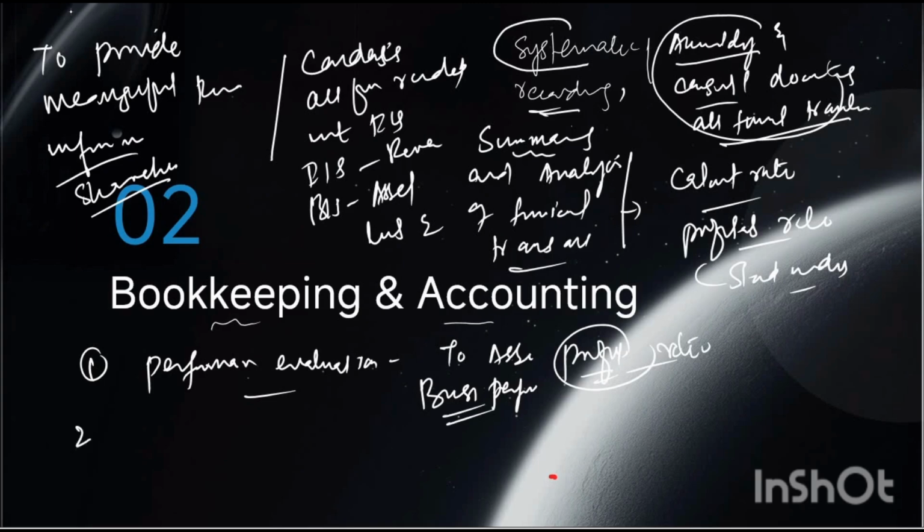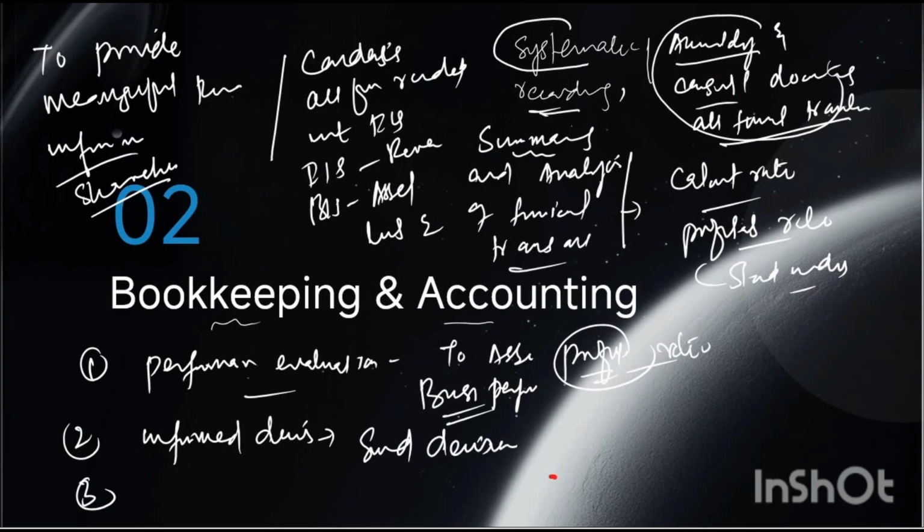Another purpose of accounting is informed decisions. When the shareholders have this meaningful information, it also helps the management, the investors and the creditors, and they will take sound decisions because of this information.